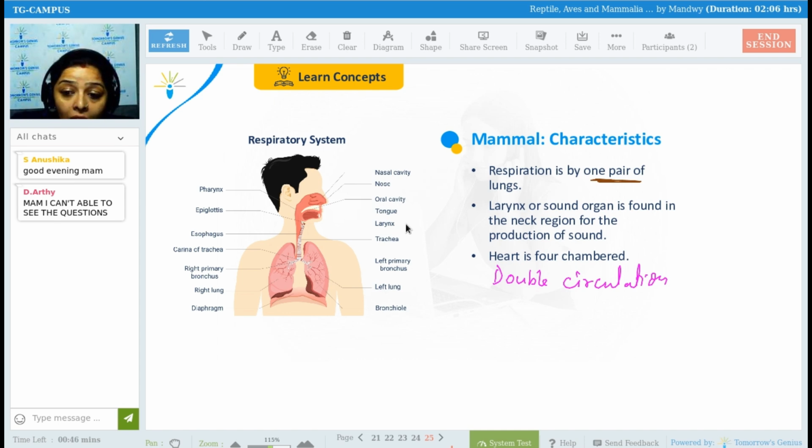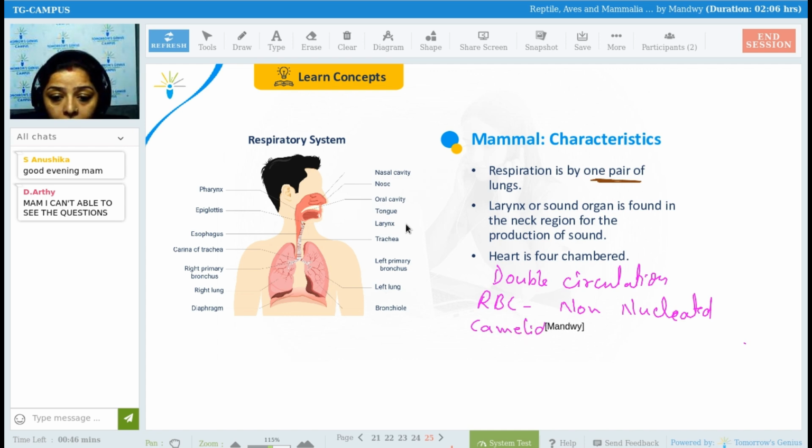Okay. RBC is non-nucleated. Only one family that is related to the camel, Camelidae, they are having nucleated RBC.